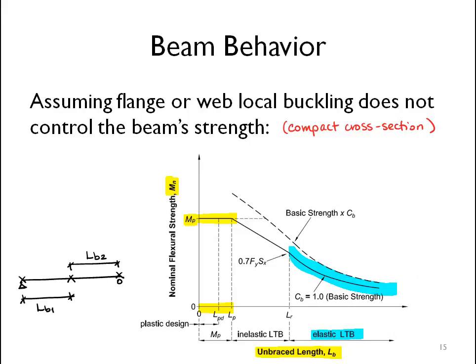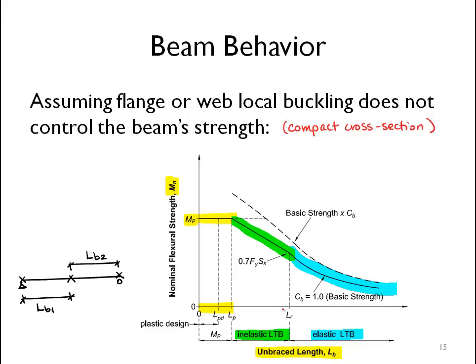And we are in a region of elastic lateral torsional buckling. When I have intermediate unbraced lengths, we're going to be governed by inelastic lateral torsional buckling, and the behavior is going to be approximated by a straight line in between the plastic moment strength and elastic lateral torsional buckling strength.